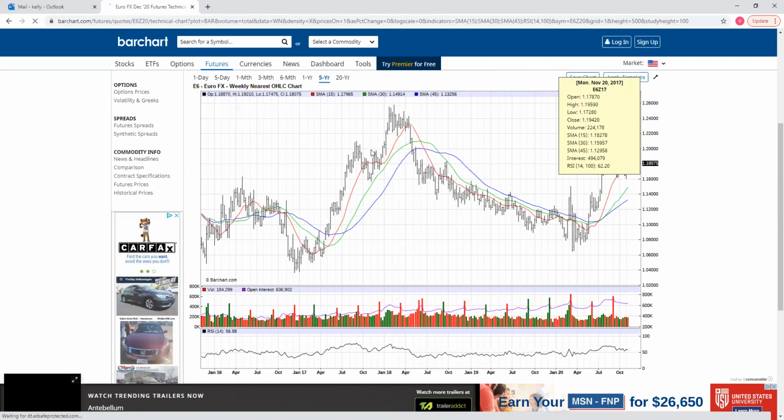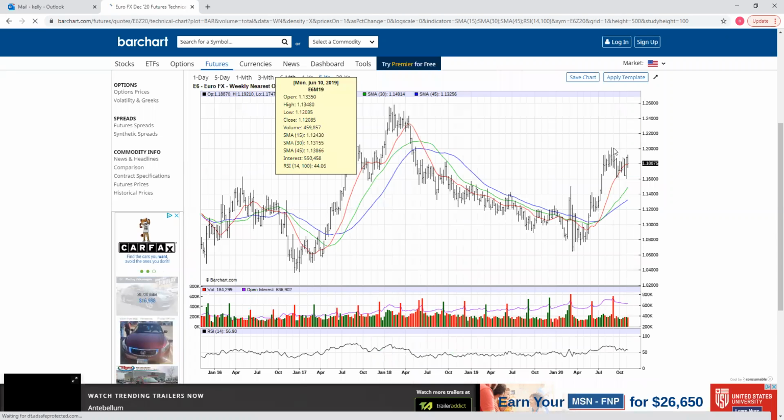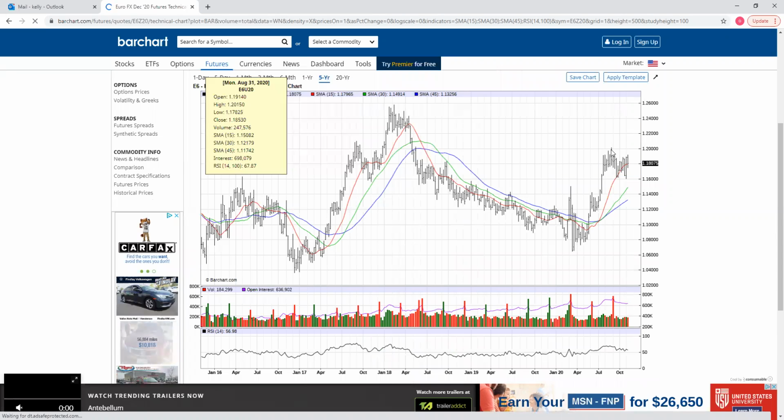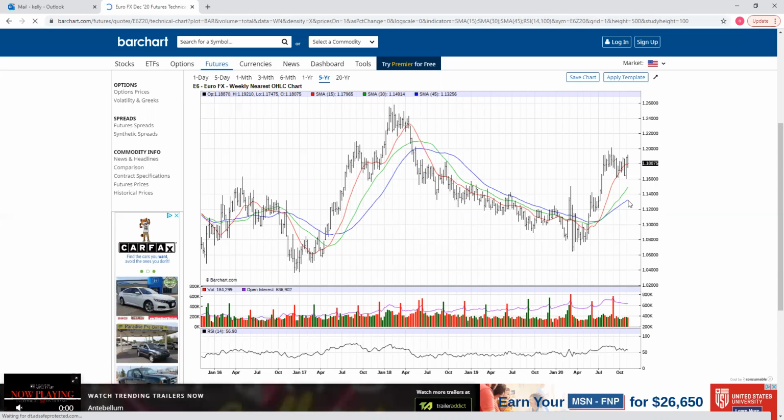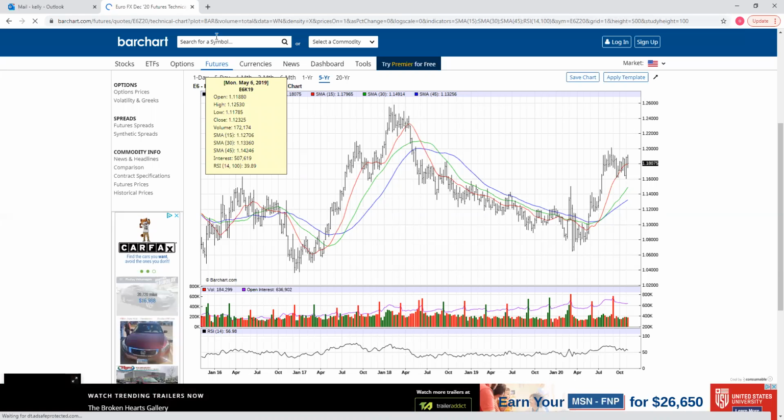So this neighborhood gave us an idea that 120 might be a difficult spot for it to get through. Right now, 116 to 120 is the trading range. If we break out of 120, obviously people are thinking 125, 126, it'll make a run for. But it's got to get above 120, and it hasn't been able to do that. And it still runs the risk of going down towards 111, 112, which is where these averages are now. So again, that gives you a little bit of an area on the euro.